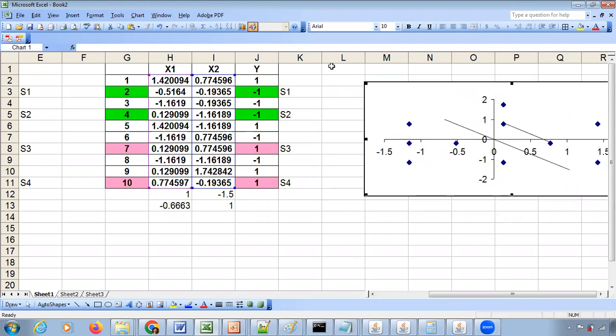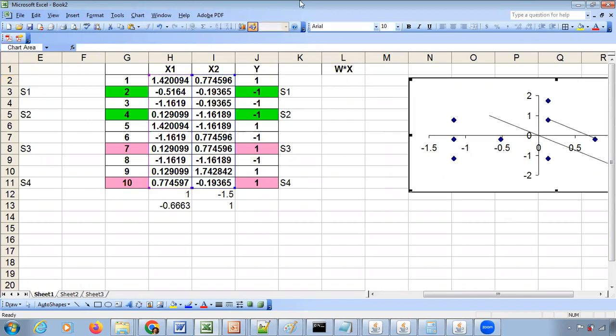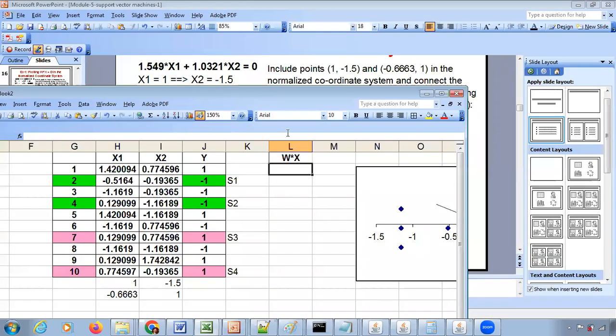All right, so let us now find w times x. All right, so our w is 1.549. So this is the equation w times x. So that's going to be 1.549 times x1, which is in this case h2, sorry, times h2.